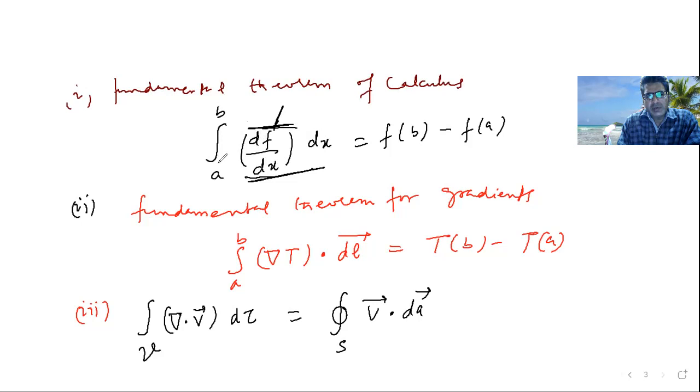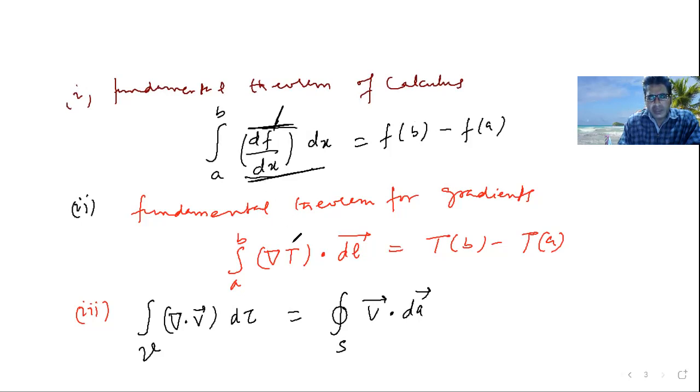So we have some region from x equal to A to x equal to B. Now we are finding the integral of the derivative of some function over that region. The theorem says it is equal to the difference of the values of the function at the boundary. A and B are boundary points of the region.